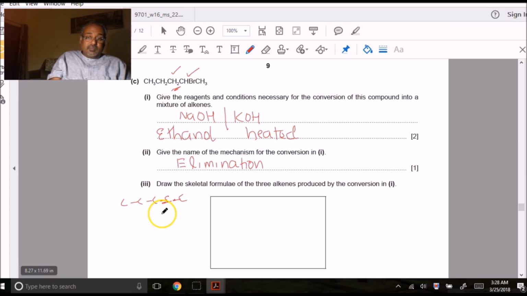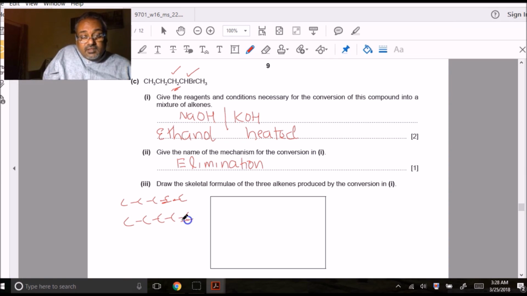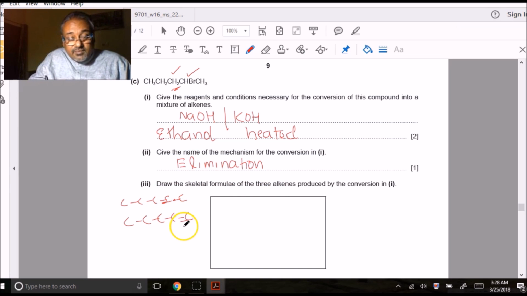The other possibility would be I can get the H removed from here and the Br from there. Then the double bond should come between these two carbons, which means I can have a 5 carbon situation where the double bond is between the first two carbons.